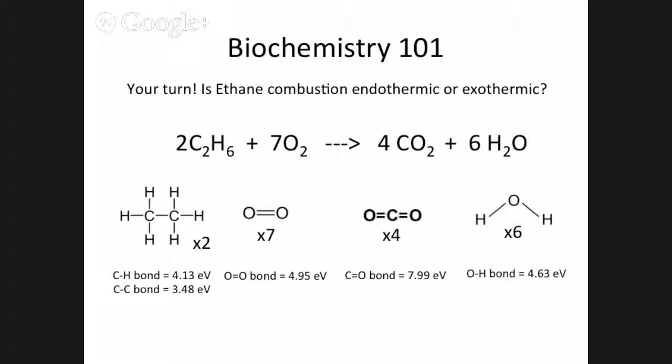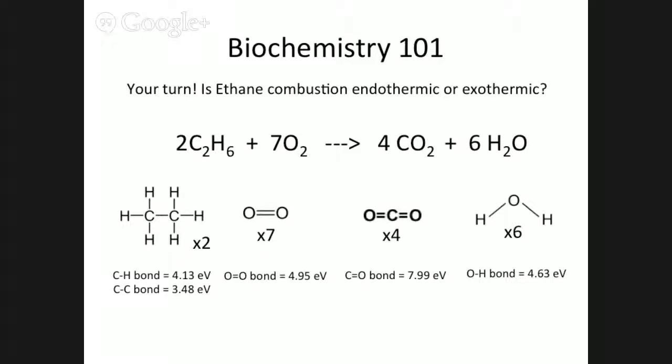And then the reactants, you take 7.99, you multiply it by 2 because there's 2 bonds in that molecule. And then you multiply that by 4, and that comes out to negative 63.92. And then you add that to the final molecule, which is the water. So you have the 2 OH bonds in one molecule, so you multiply this number by 2, and you multiply it by 6 because there's 6 molecules, and that comes out to negative 55.56.